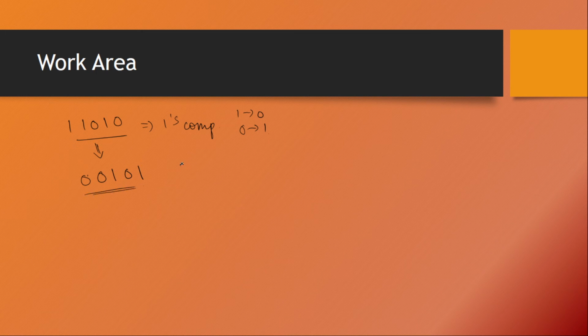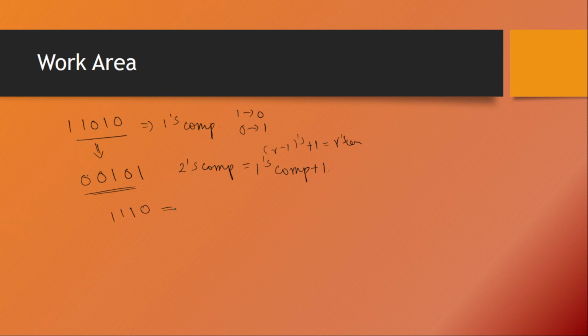So similarly, if you want to find 2's complement of a binary number, you already know that r minus 1's complement plus 1 gives you r's complement. So 2's complement can be easily found out by getting 1's complement and adding 1 along with it. So let's take a small example, 1110.